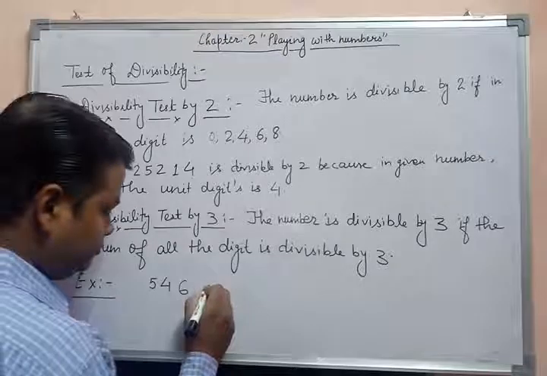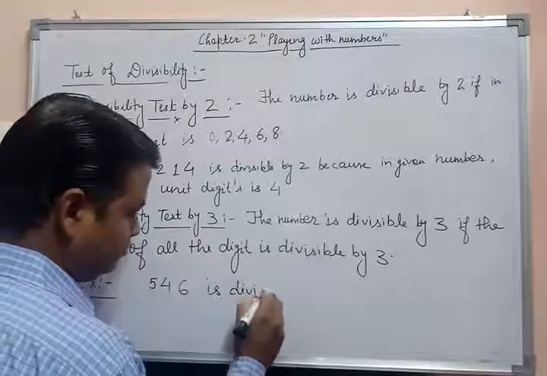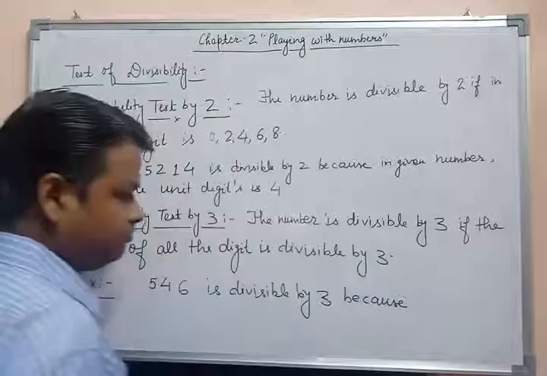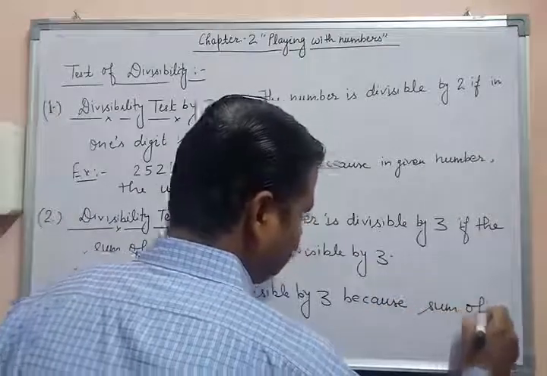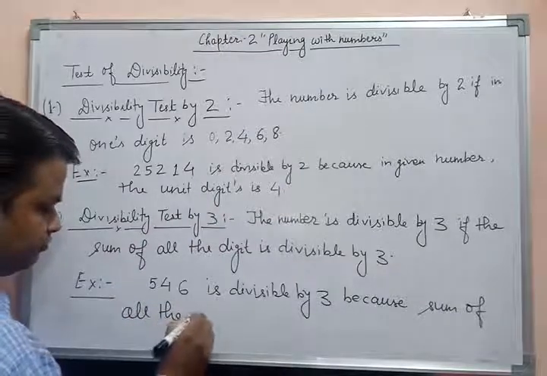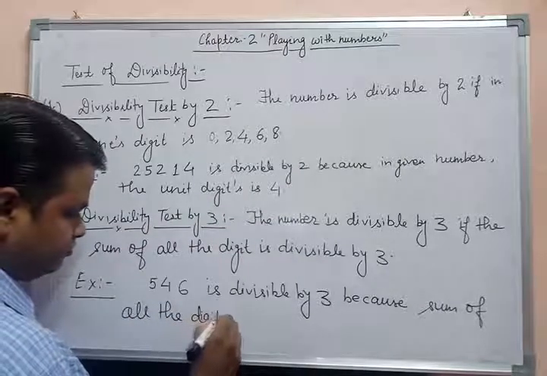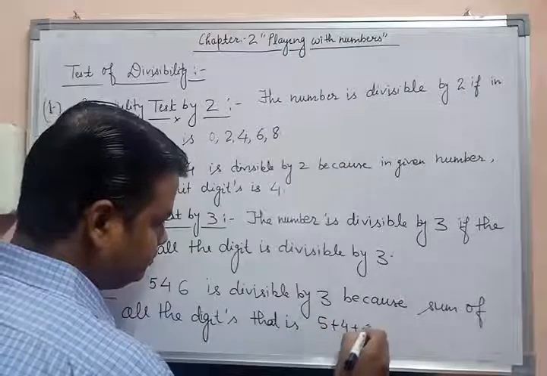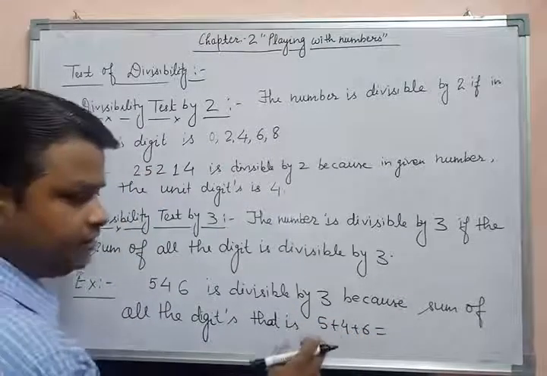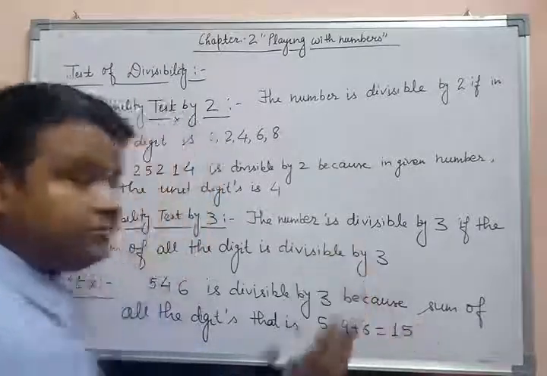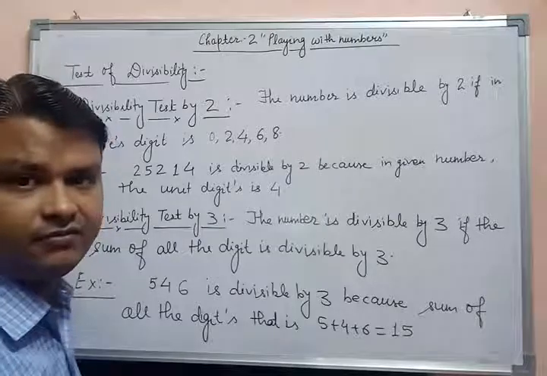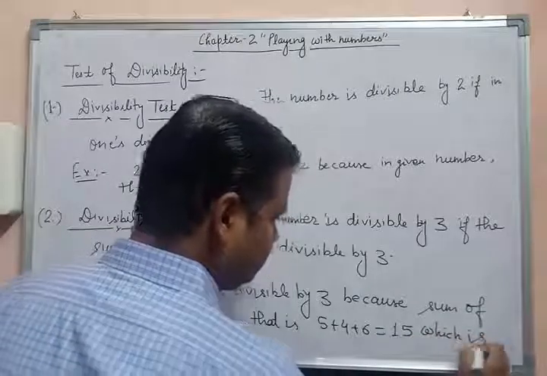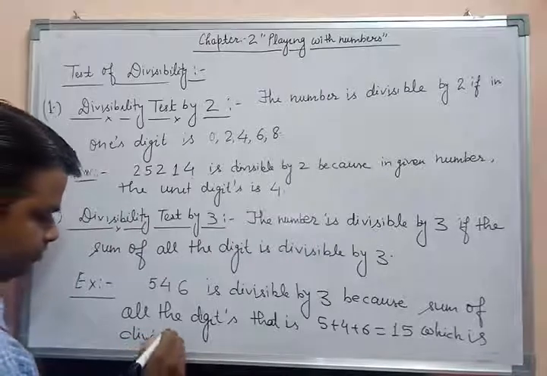The sum of all the digits is 5 plus 4 plus 6, which is equal to 15. 15 is divisible by 3 because 3 is a factor of 15, so the number is divisible by 3.